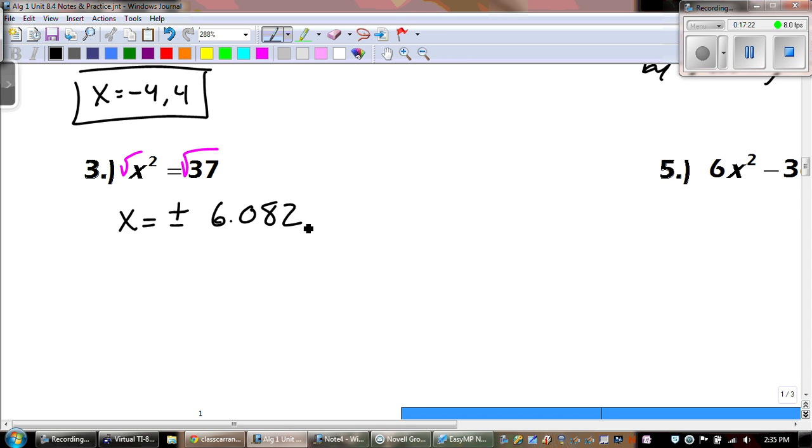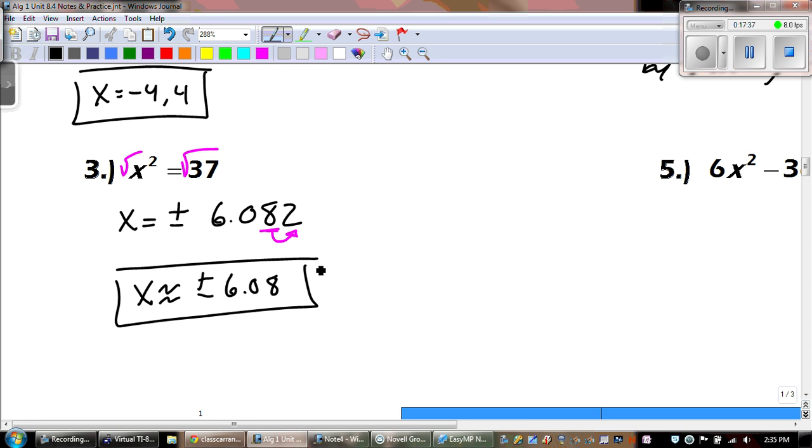Now the directions said to round to the nearest hundredth, or the second decimal place. I'm rounding. It's going to be plus or minus. 5 or more, raise the score. 4 or less, let it rest. So we get x is equivalent to plus or minus 6.08.